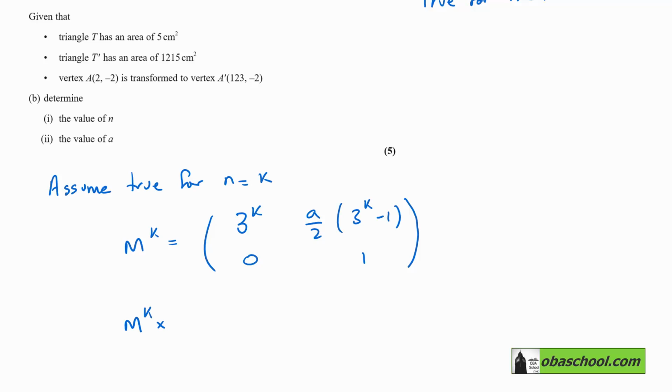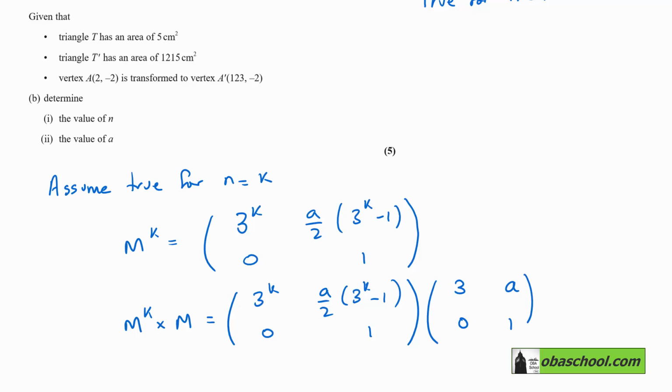So M to the k multiplied by M is [3^k, (A/2)(3^k − 1); 0, 1] multiplied by [3, A; 0, 1].